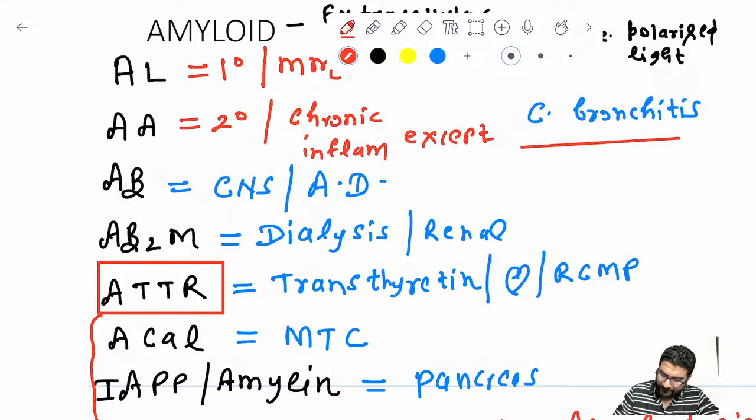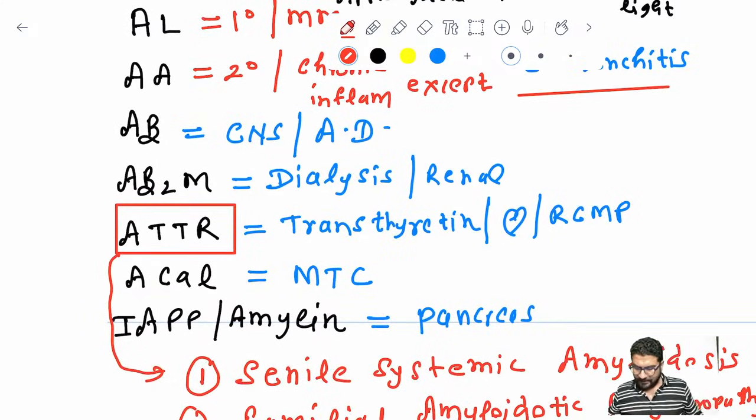And second one will be familial amyloidotic polyneuropathy. This is something which you have to remember.